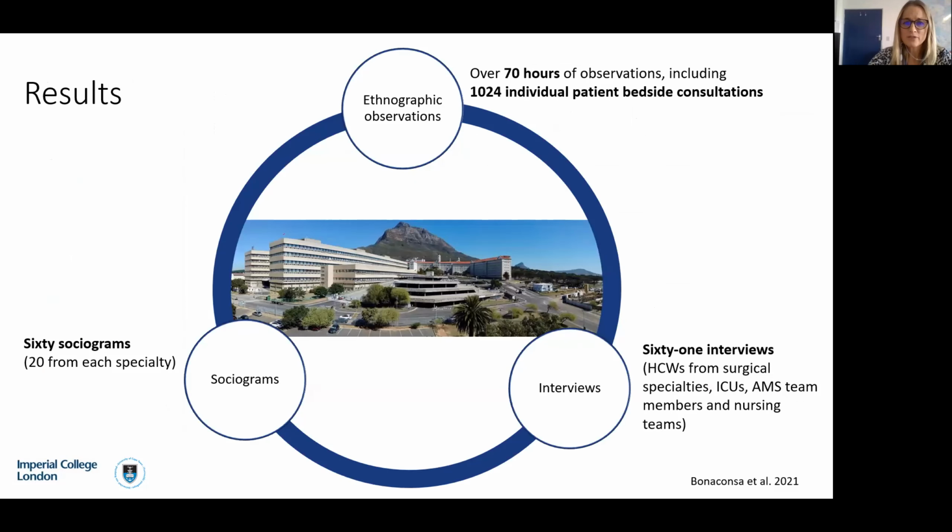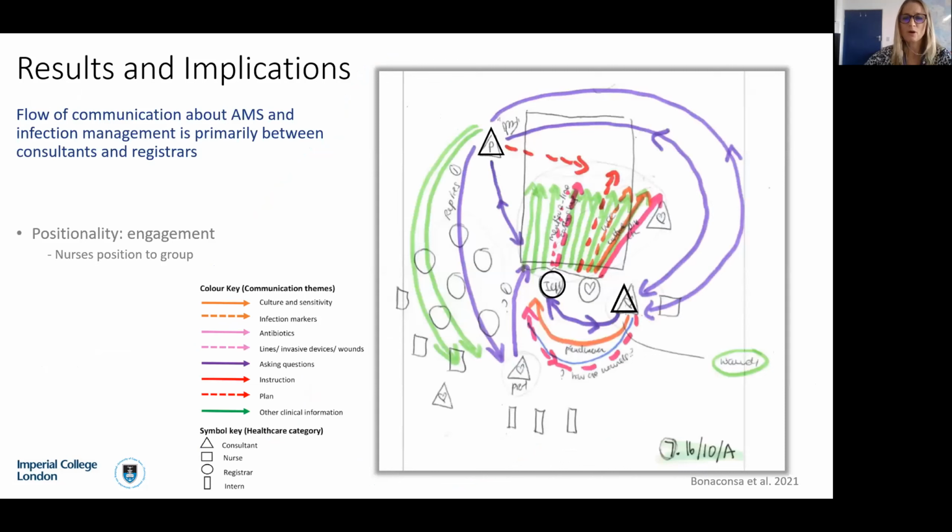And so at the end of the Aspires project, we had over 70 hours of observations, which included 1,024 bedside consults, which Ulichi and I observed. We did 61 interviews with various healthcare workers from the surgical specialties, and then 20 sociograms that we were able to measure from each of the surgical teams.